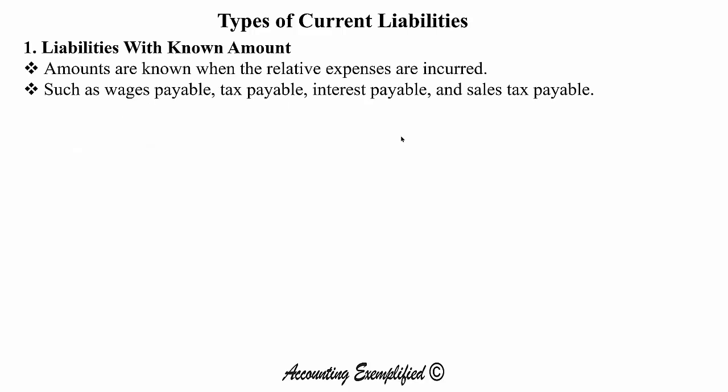First, liabilities with known amount. So these are the liabilities where the amounts are known when the respective expenses are incurred. And some of the examples of these current liabilities with known amount are wages payable, taxes payable, interest payable, sales tax payable, and so on.